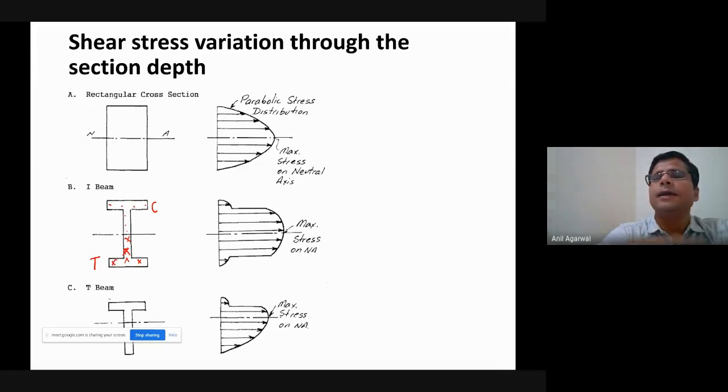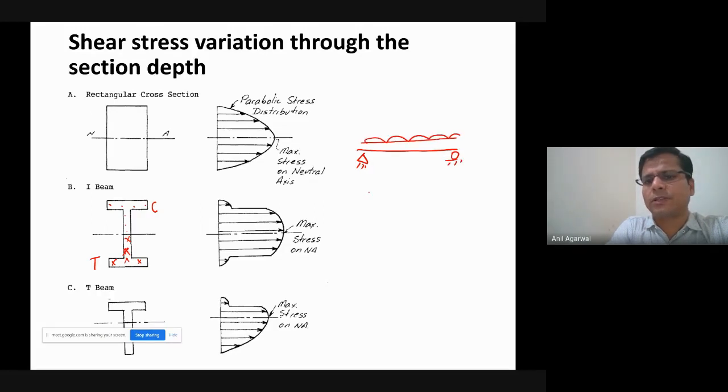In addition to that, more often than not, you would have a beam. Whenever you have a beam and you have flexure, you would also have a shear along with that. For example, if I have a beam and I have a load applied on that beam, I can ask you to calculate the shear force diagram, which will look like this, and I can ask you to draw the bending moment diagram, which will look like this.